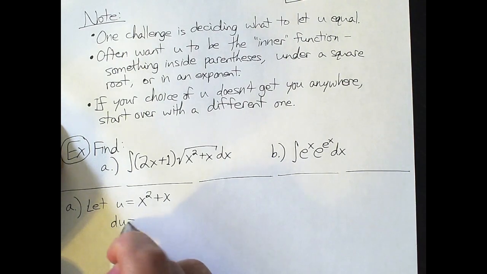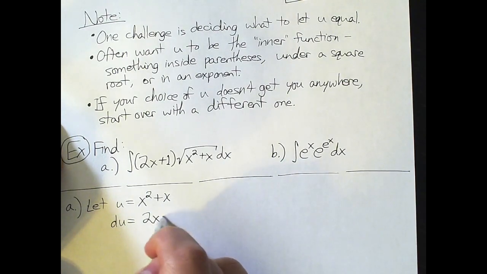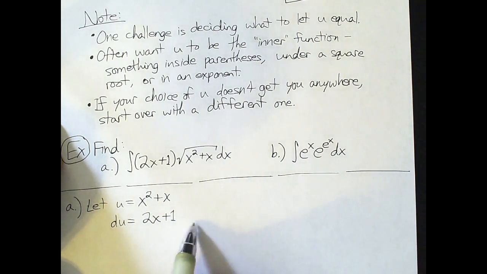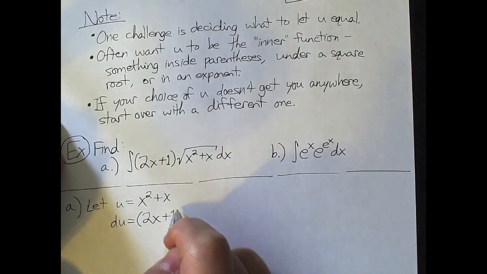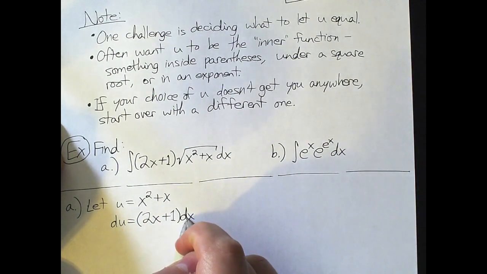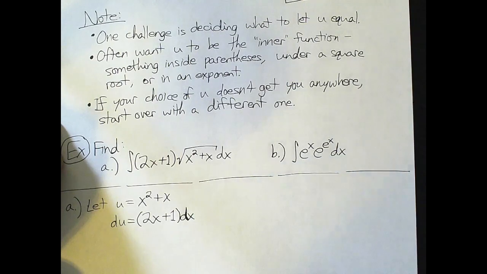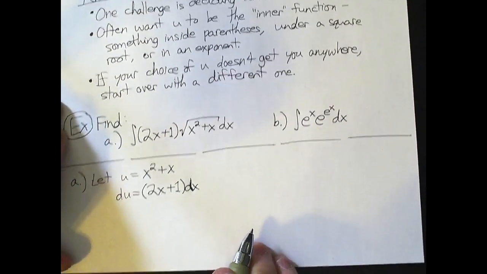Because then du is 2x plus 1. I should have a dx here, right? But before I write dx, keep in mind, I want all of 2x plus 1 to get multiplied by dx. So let's put parentheses. You put parentheses around things in math when you want to group them together. So we want to make sure all of 2x plus 1 is getting multiplied by dx, not just the 1. This is great because look at this.